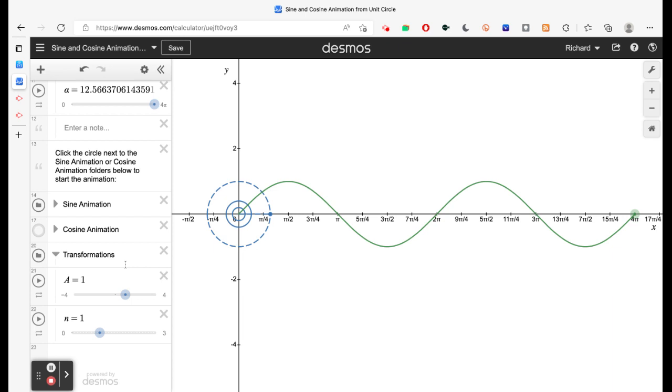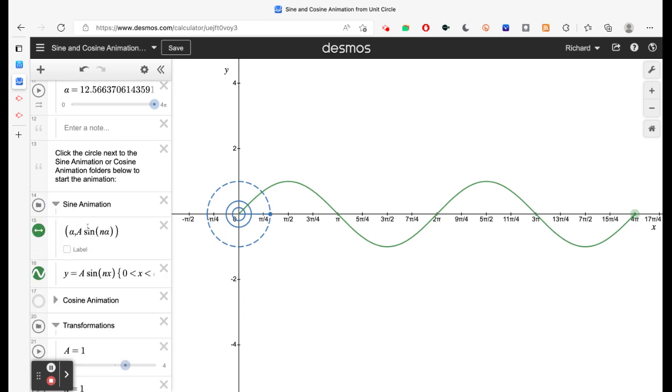As I have mentioned to you before, if you're going to multiply a function by a value, that's going to have a dilation effect. Now, this is a dilation of the output because the base function is sine of x.